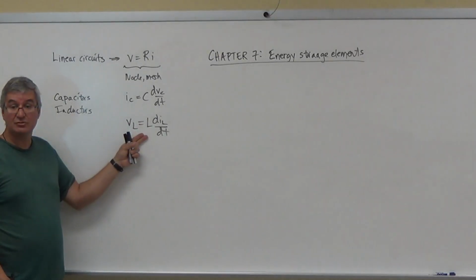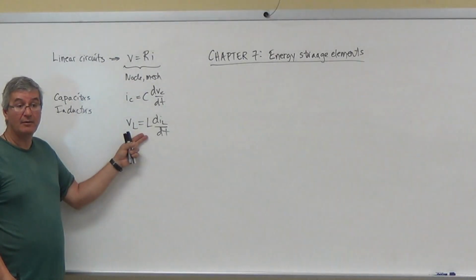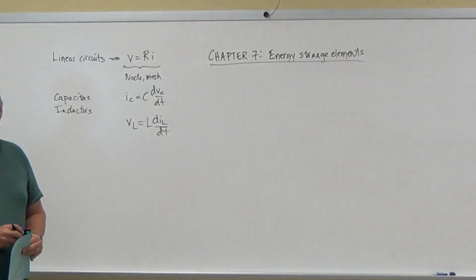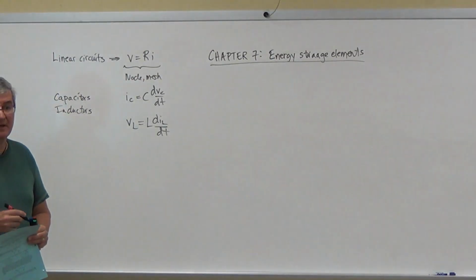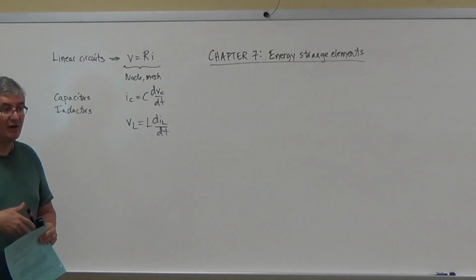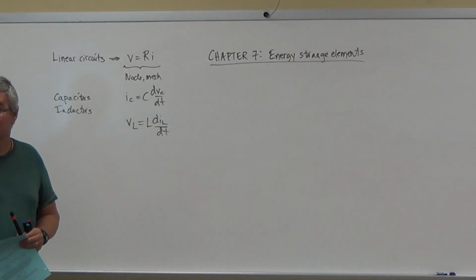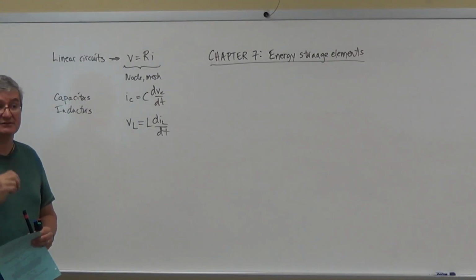So here we talk about storage of electrical energy. Here we have a storage of what kind of energy? Magnetic energy. And what we mean by that is that if I have a charge across the two plates, there is a field, and a field has an energy density between these two plates.